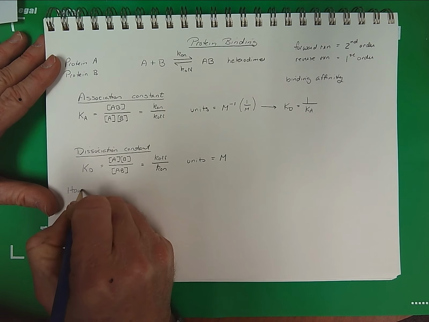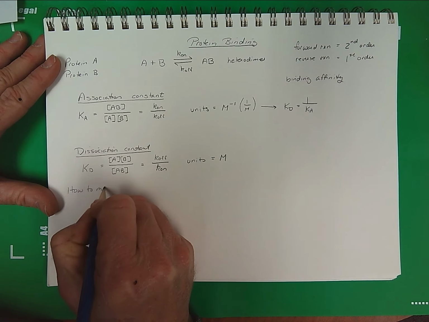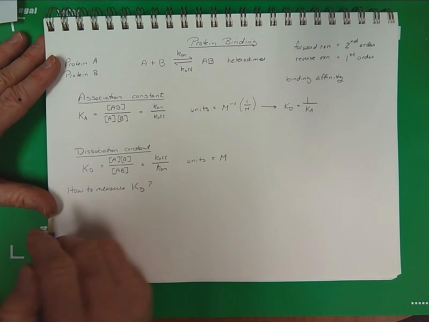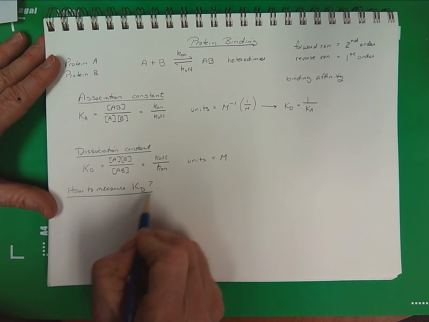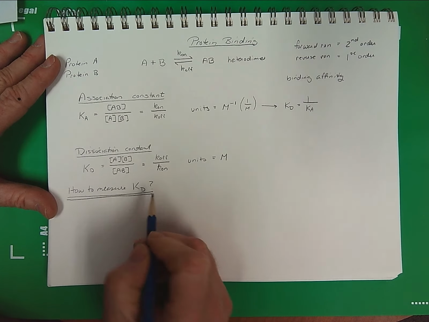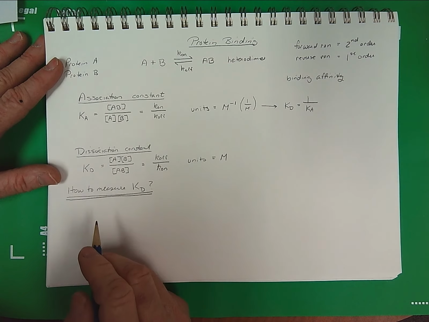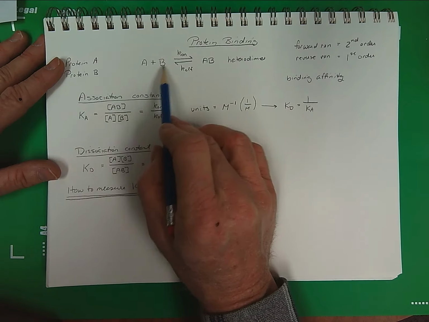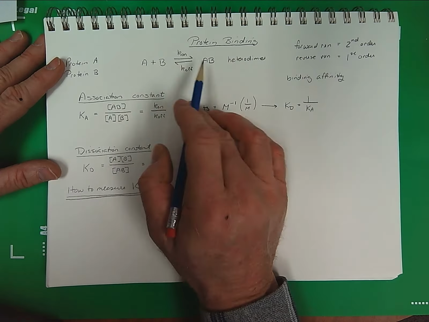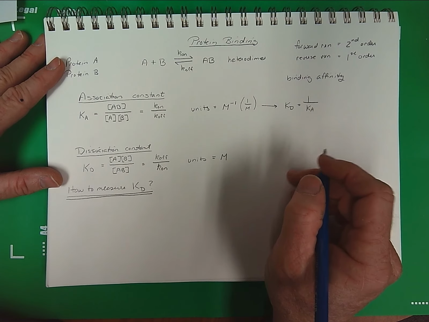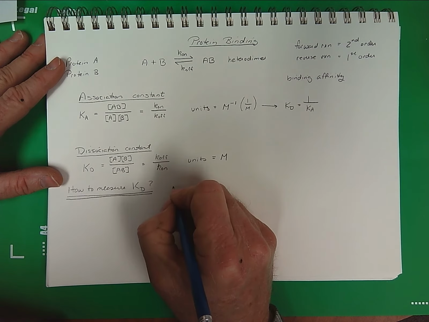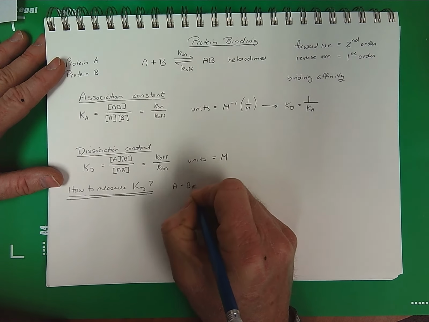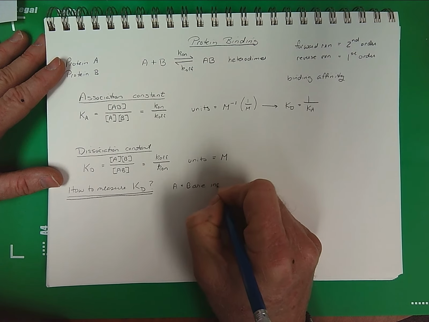So now the next question is how to measure Kd. How do we measure the dissociation constant? Well, first of all, we have to consider that we have a second order reaction where we have two reactants coming together to form one product. So this means that A and B are independent variables.